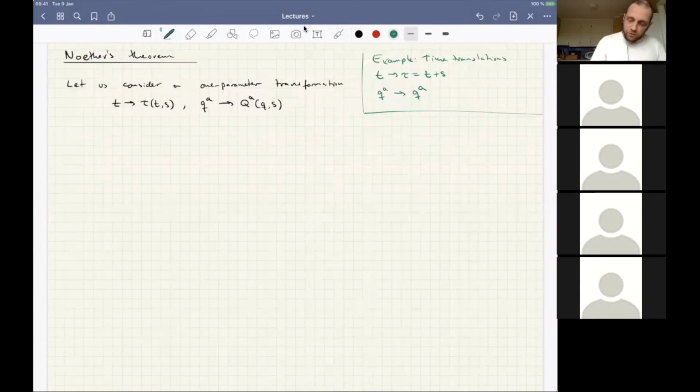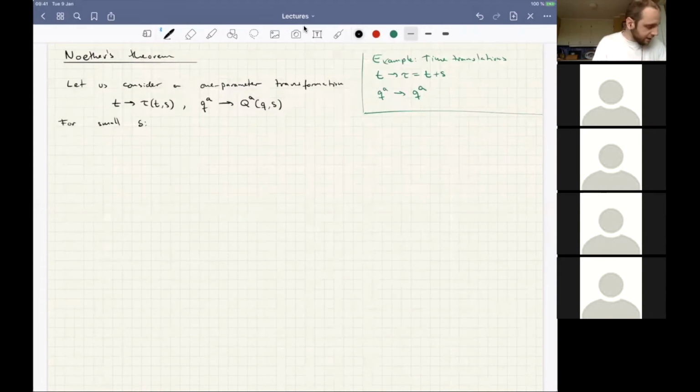Now, for small parameter values, I want that, well, one condition is going to be that since the symmetry is continuous, when I put s equal to 0, then tau is going to be equal to t, and small q^a is going to be equal to big Q^a. So for small s, I can make an expansion of this.